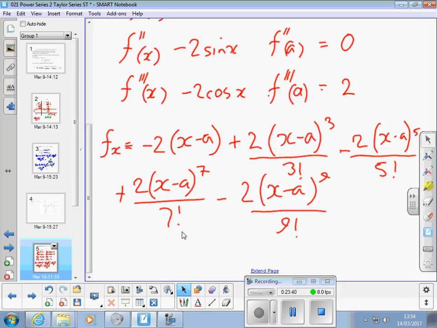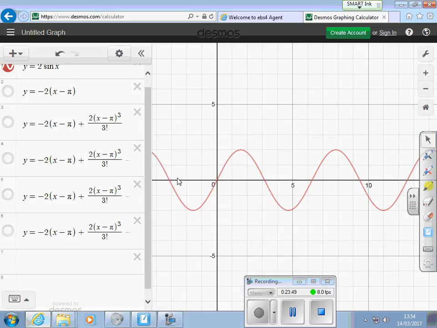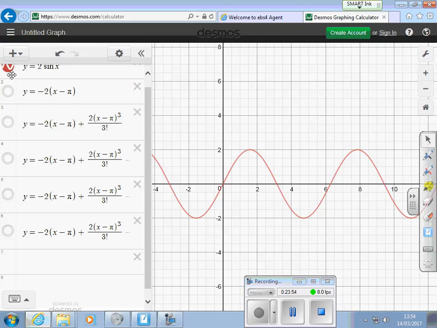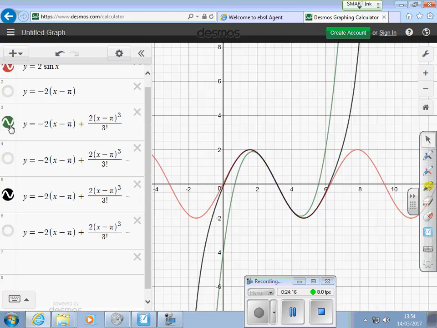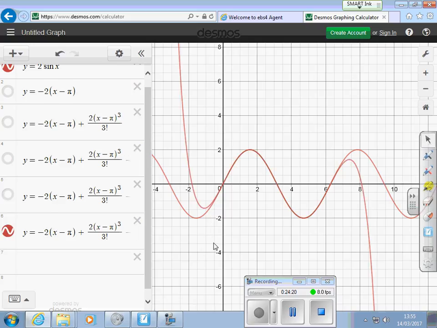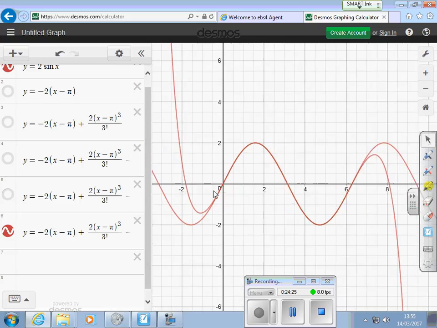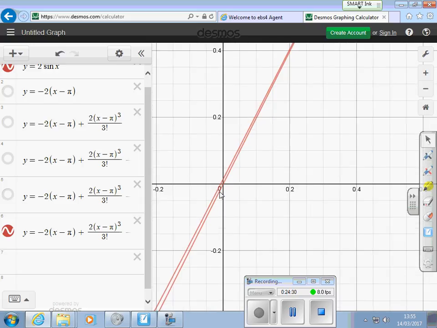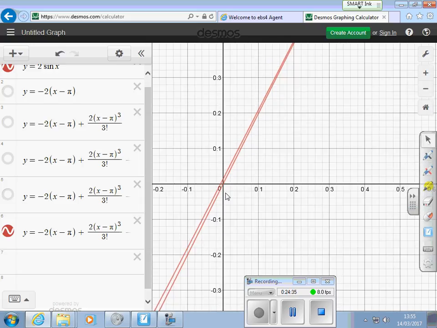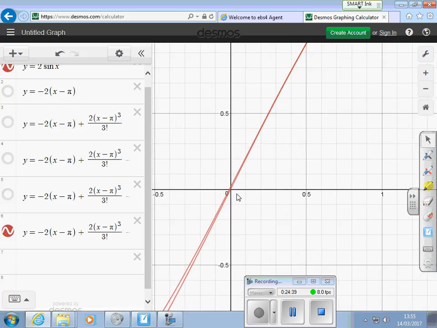Okay, if we take the fifth term, we get almost the same. Add more to the power series, as n goes to infinity, they're exactly equivalent.